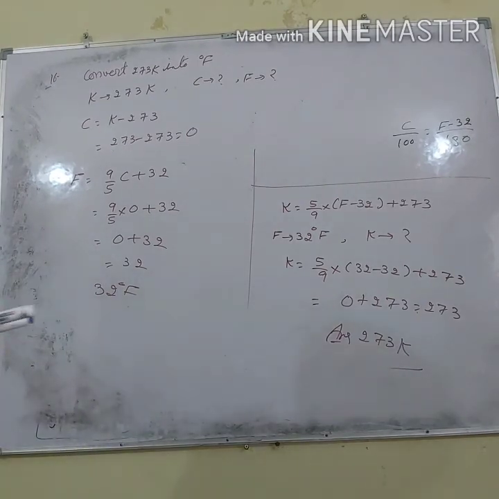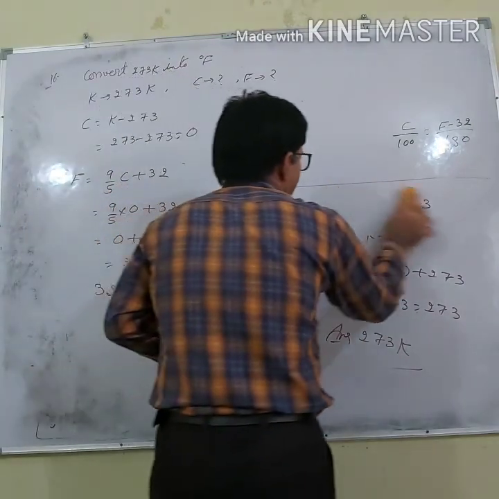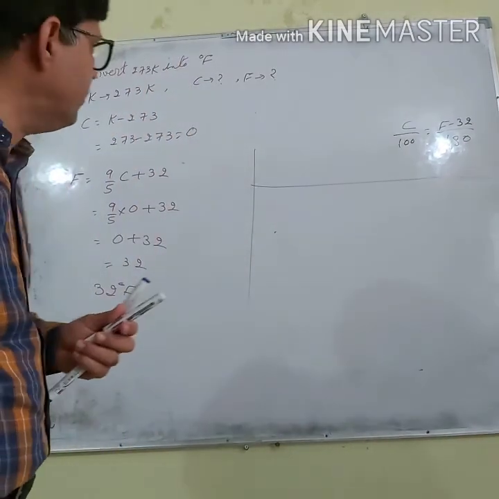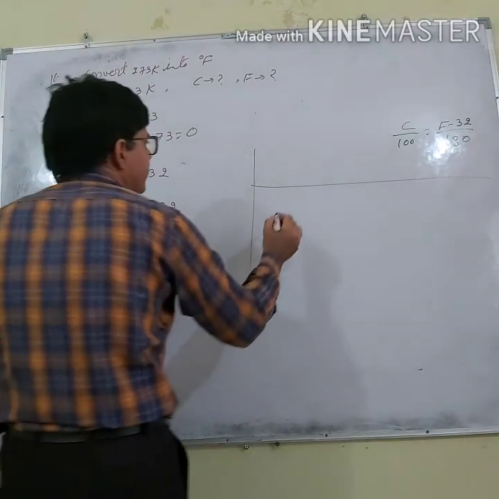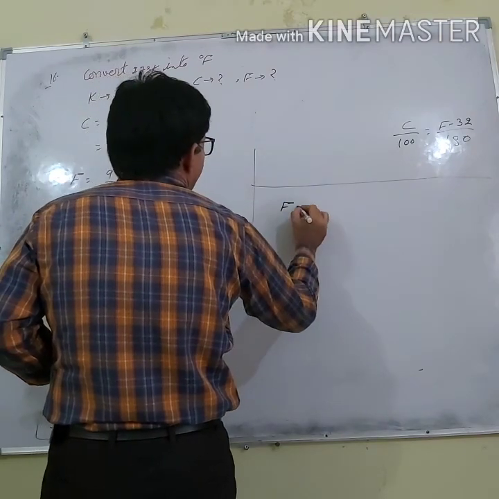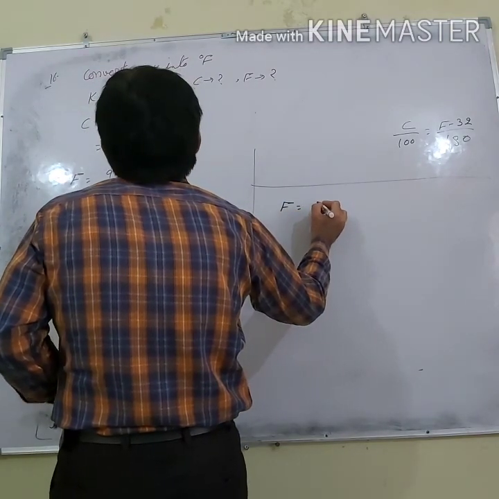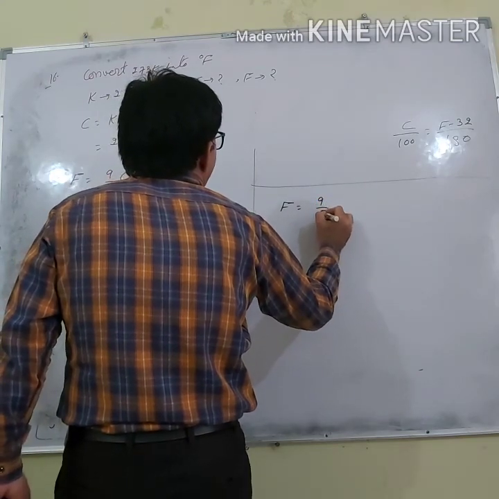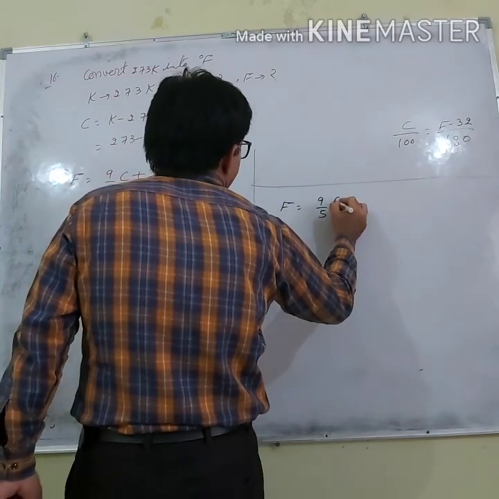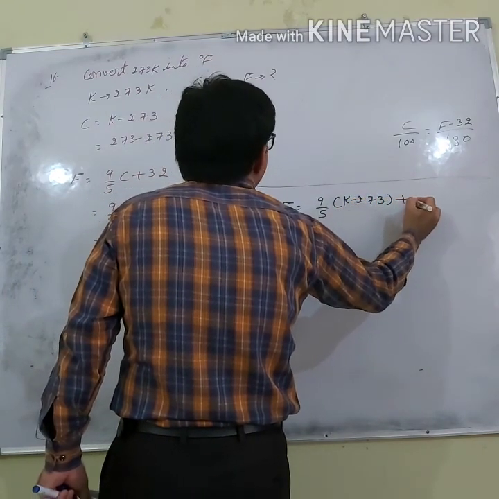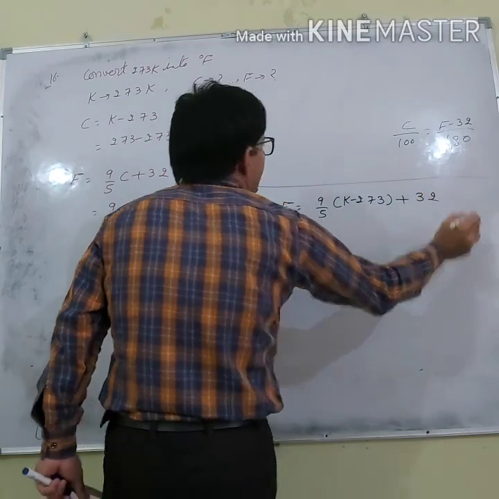Or you can do this sum directly also. Let me derive that formula. This is up to you, whatever you want to use. The formula is F equals 9 by 5 times K minus 273, plus 32.